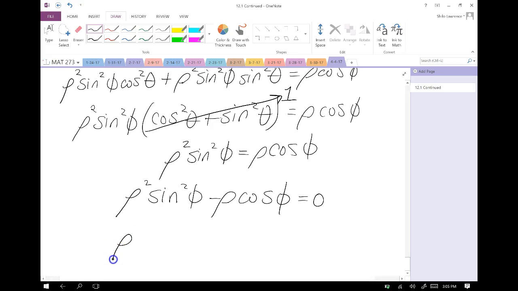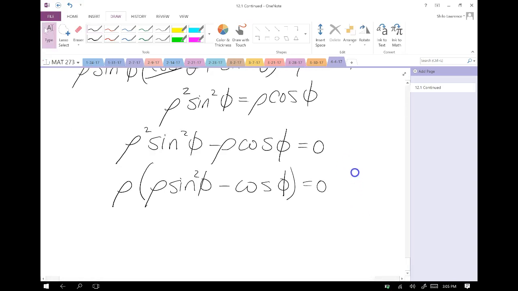So we could factor a rho out. And if those two things multiply to make 0, then one of them is equal to 0.